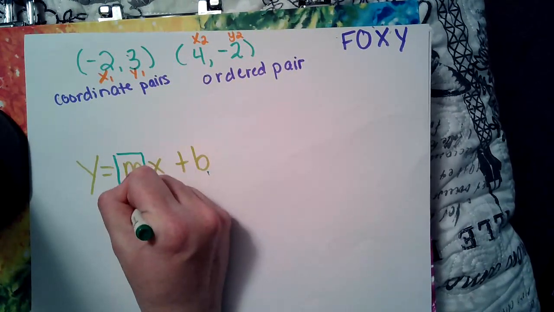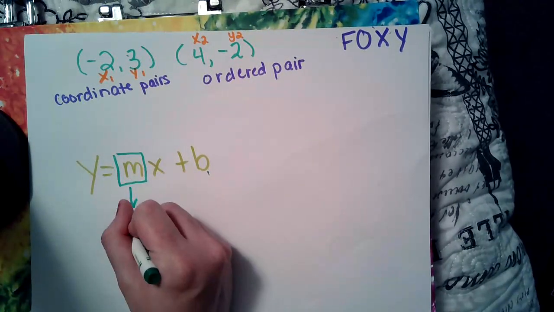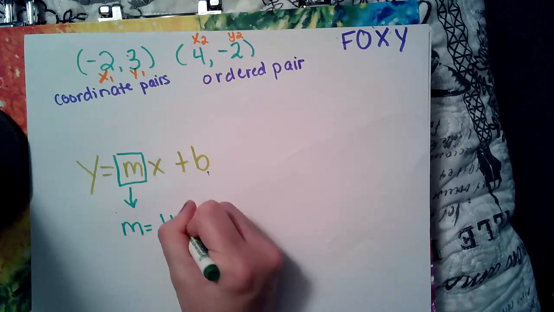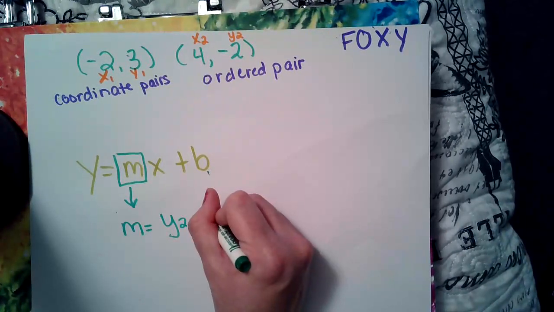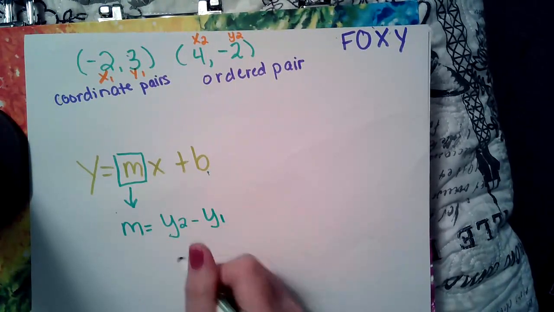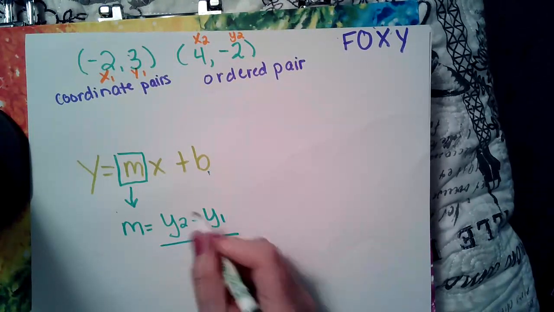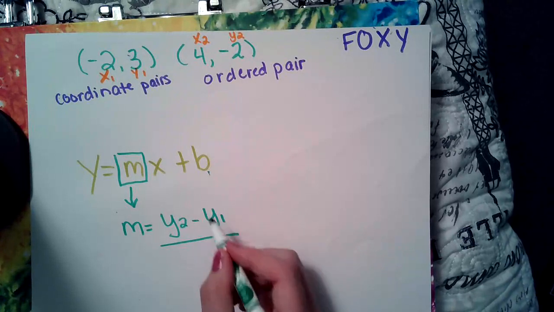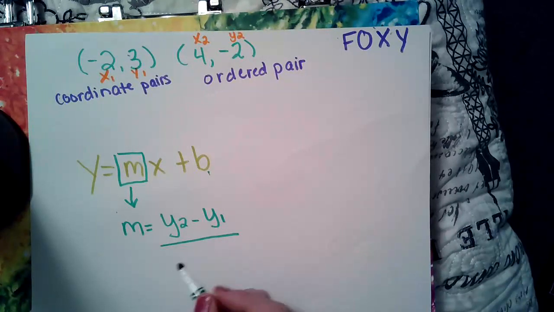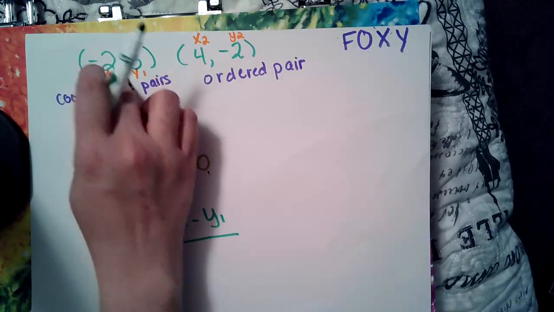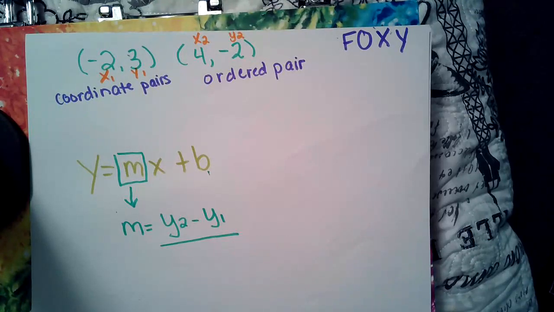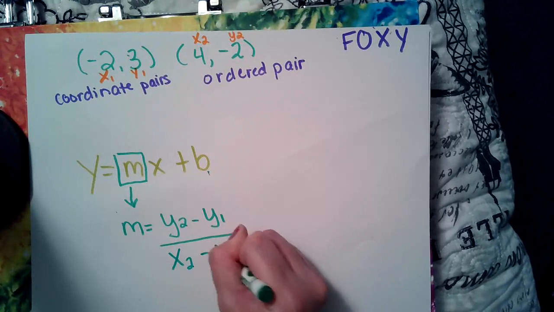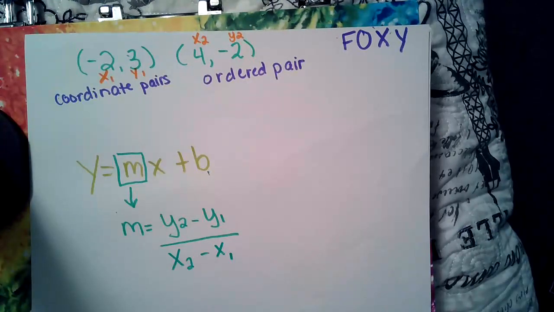So I have to use the formula for slope, which is m is equal to y2 minus y1. And if we want to be correct, this is y sub 2 minus y sub 1. And those are subscripts because those are not the actual whole number. It's referring to a placement. And then we have x sub 2 minus x sub 1.